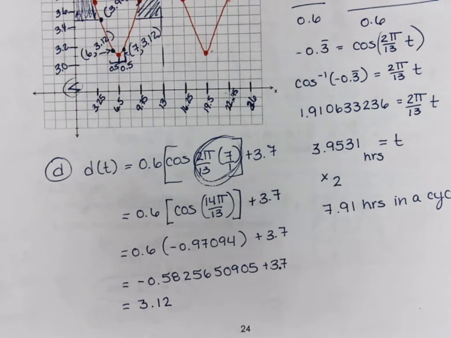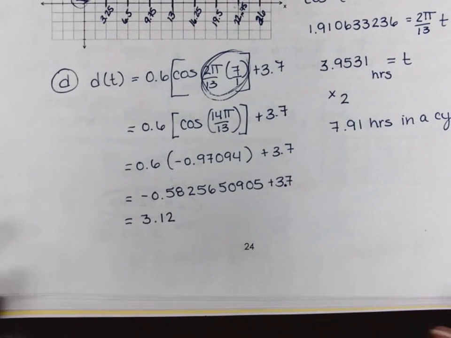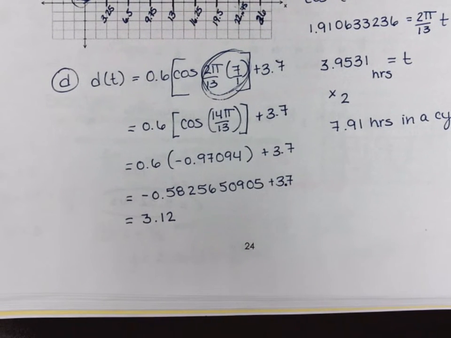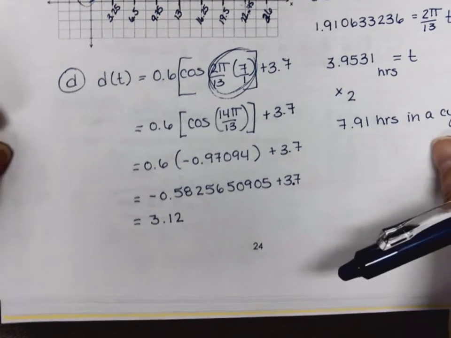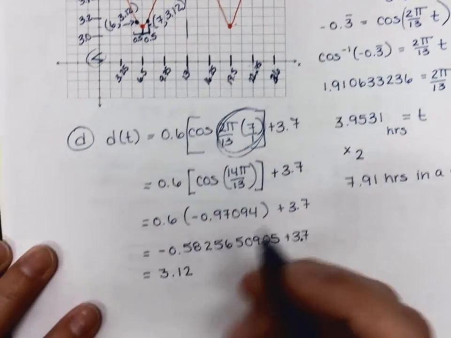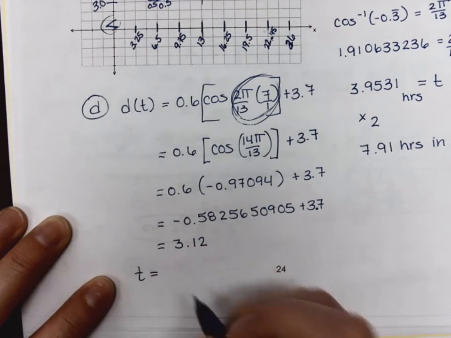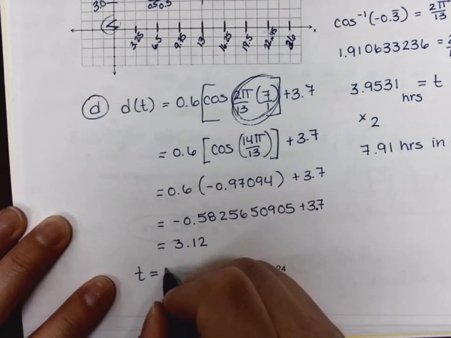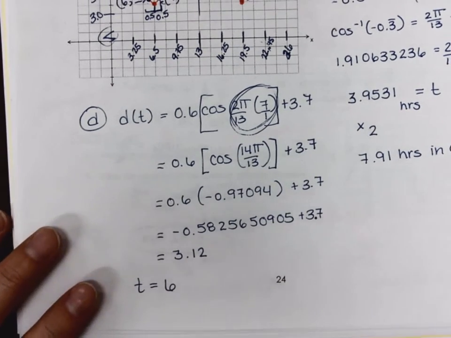Okay, and now, because it says at what other hours is the water at this depth, it doesn't say within a cycle. So we're doing that forever, so we're going to do general solutions. Where's my first answer? 6. The time it's going to happen, because this is asking about time, is at 6. And when is that one going to happen again?